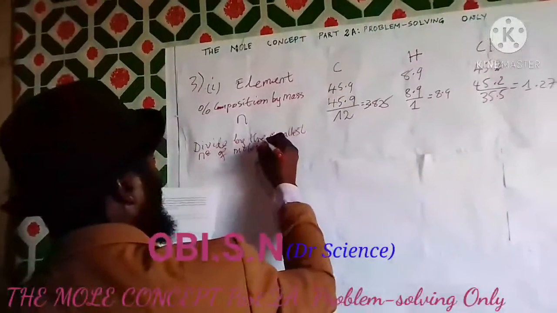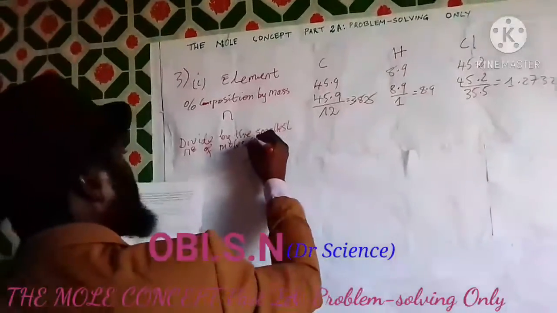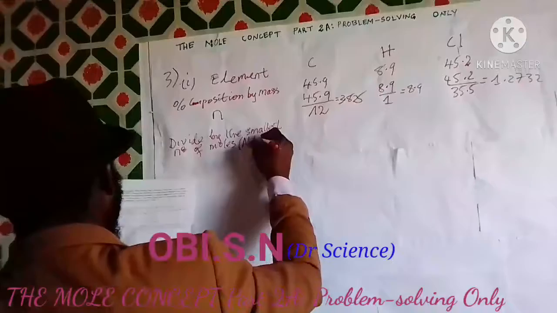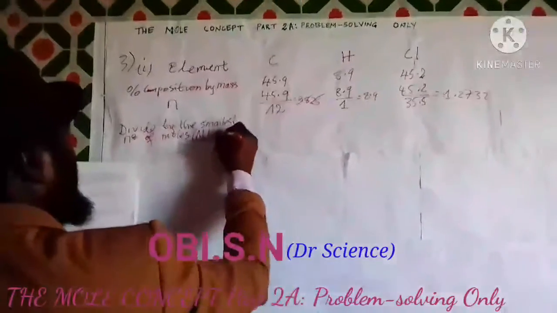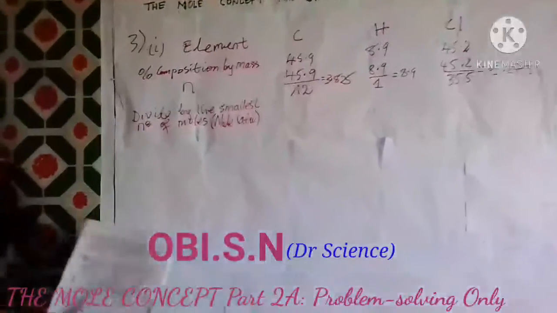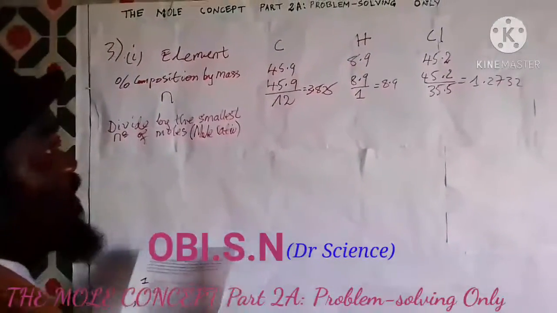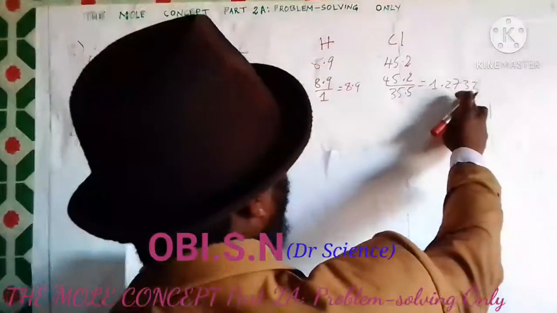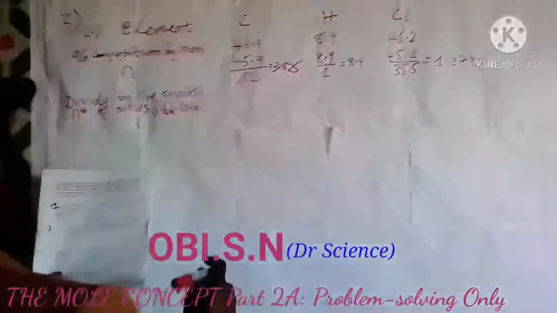In effect, we are calculating the mole ratio. The smallest among them is 1.2732. So we divide by that.